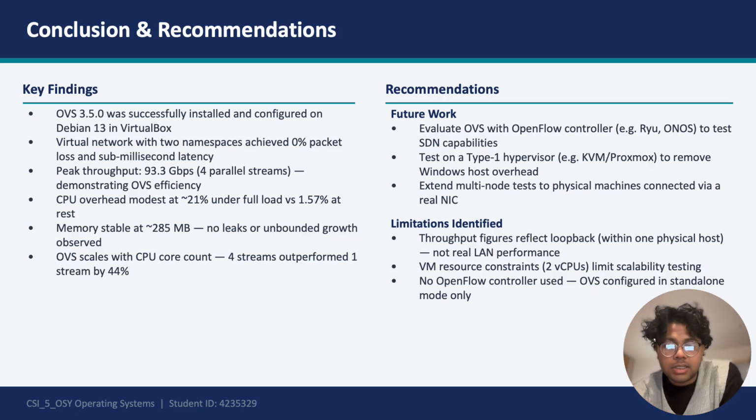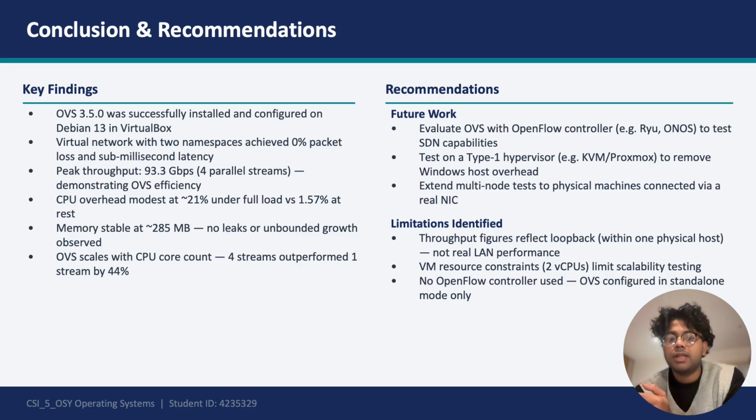In performance testing, throughput peaked at 93.3 gigabits per second using 4 parallel iperf3 streams, demonstrating the efficiency of the OVS kernel datapath. The CPU overhead was modest, about 21% under full load compared to less than 2% at rest. Memory usage was stable throughout at around 285 megabytes.